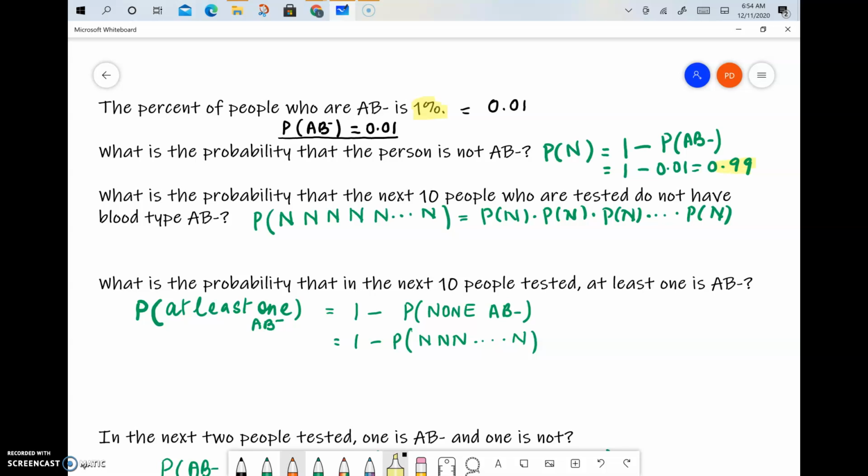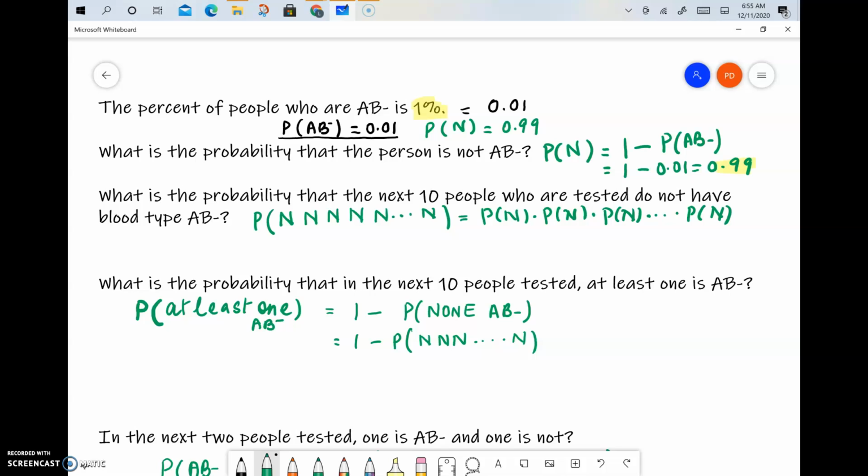So far, we have two probabilities, one that was given and one that we figured out.